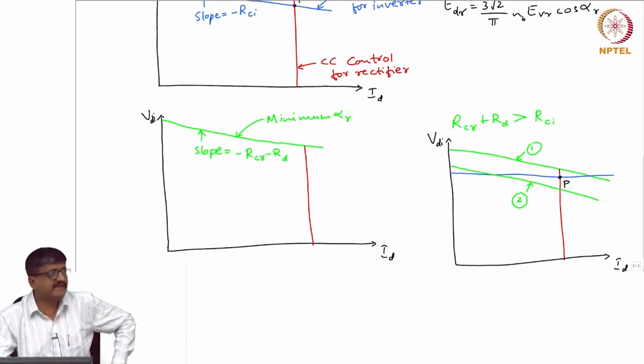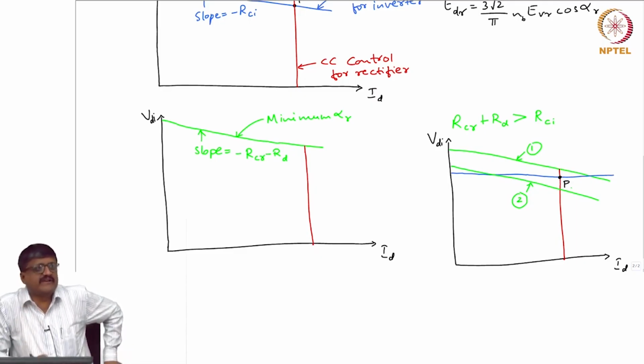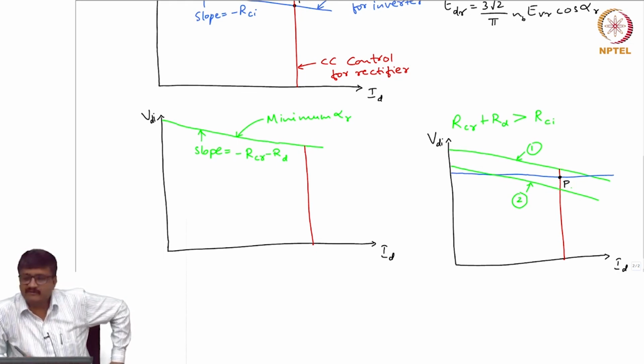If I want to maintain constant extinction angle, I have to be on the blue line. Constant extinction angle means I have to be on the blue line, that I can't violate. So the intersection of the new green curve 2 and the red line means I am moving away from the blue line, which is constant extinction angle.